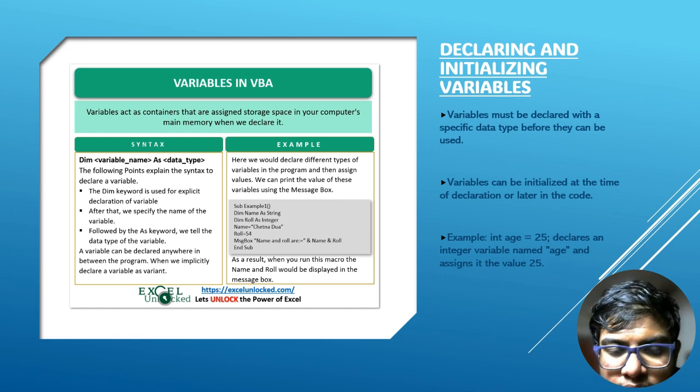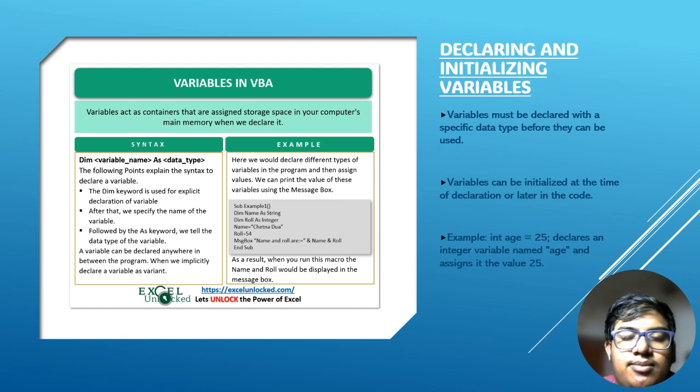So if you print age, you're going to get the value 25 printed on your screen. The syntax for declaring a variable is data type, variable name, equals its value. As you can see in the picture here, data type, variable name, which is the basic data type.